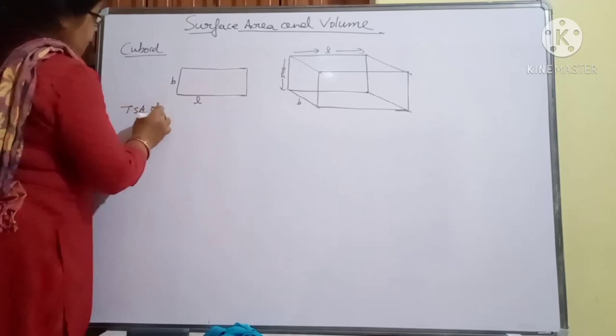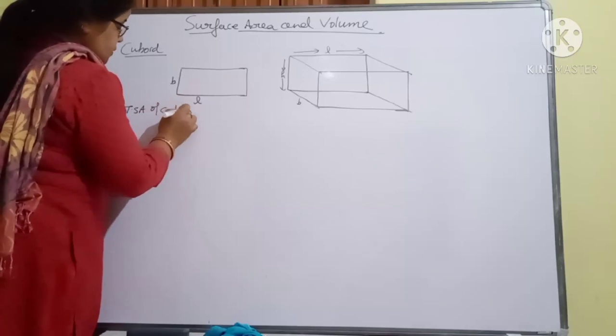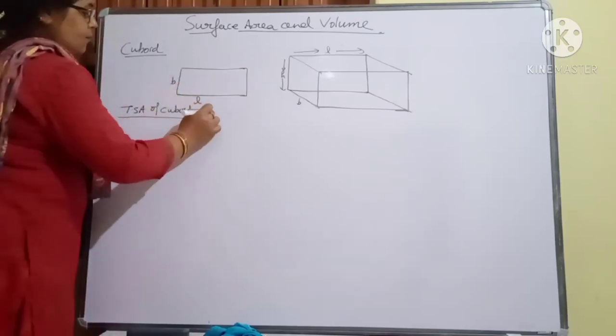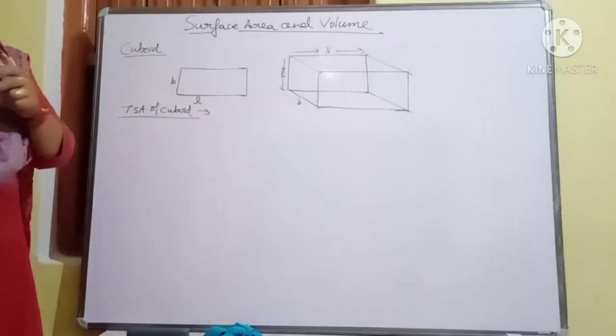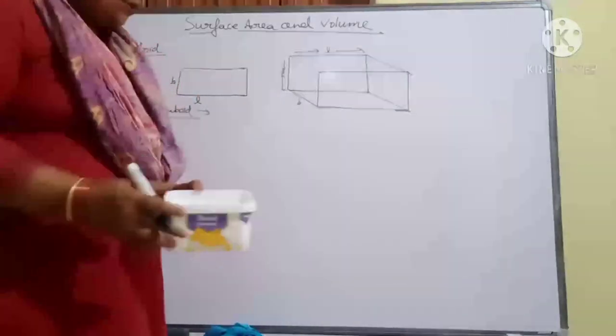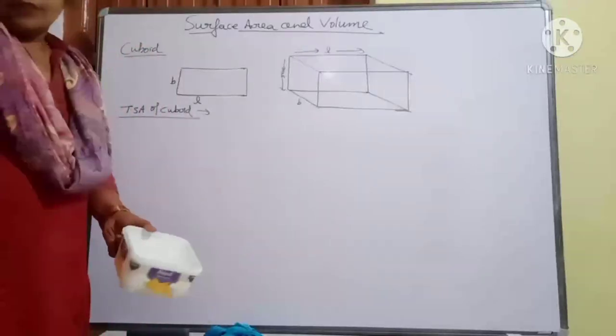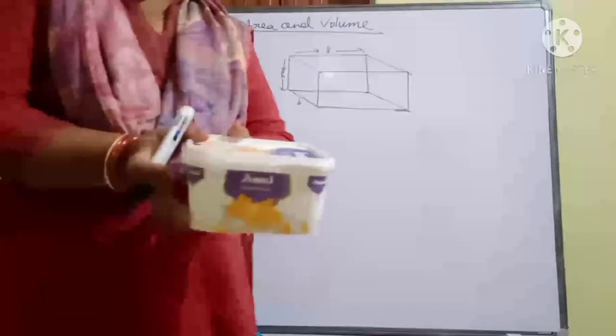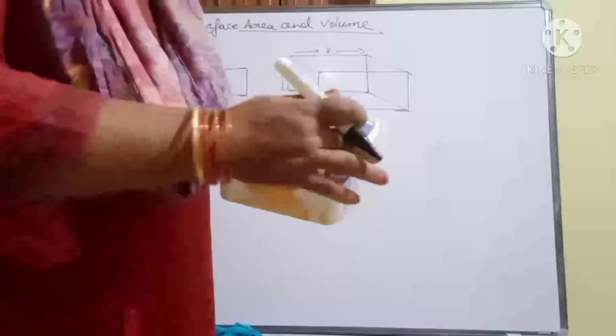of cuboid. Here also see that beta. First of all, one more thing I would like to introduce before that. See that it was a box. How many sides was it having? 4 sides here.